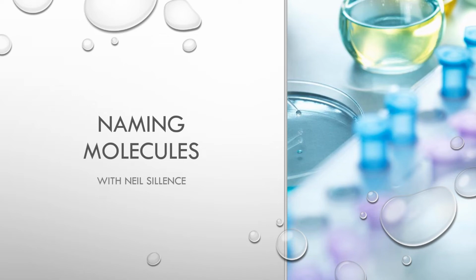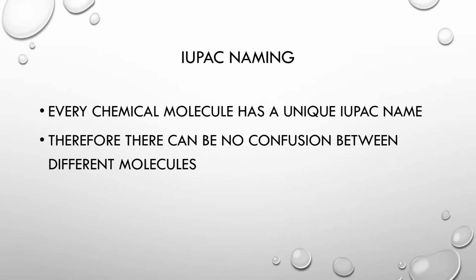Today we'll be naming a brute of a molecule, but before we get going, let's have a recap of IUPAC and what their naming rules are. The IUPAC is an international body with the responsibility of standardizing rules on naming molecules. The name's consistent and there can be no confusion between different molecules and isomers that can form from having the same amount of each element but arranged in a different way.